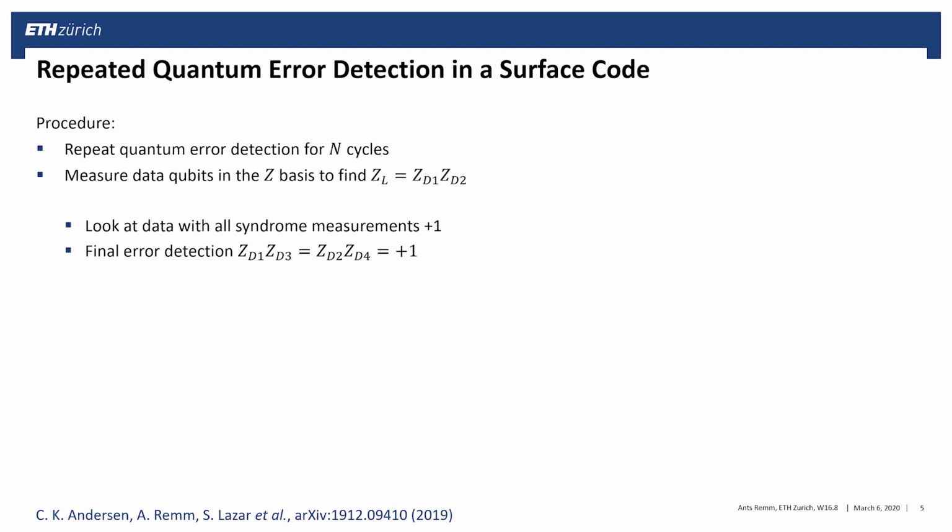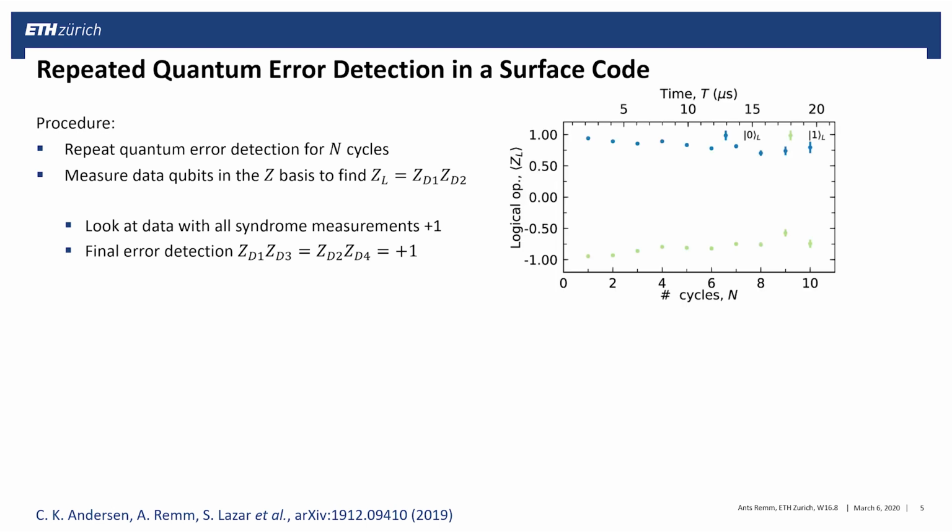We only analyze the data where all the syndrome outcomes were +1, and in addition, we check that the Z stabilizer values are also +1 for the classical measurement outcomes to check for any errors that happened after the last stabilizer measurements. You can see the logical Z operator for the logical 0 and 1 state after n cycles in this plot. We measured this for up to 10 cycles, which corresponds to 20 microseconds.